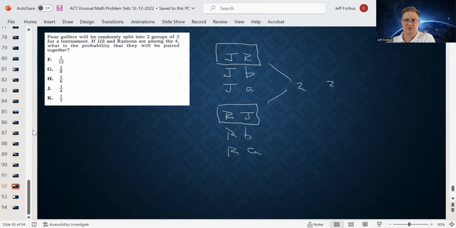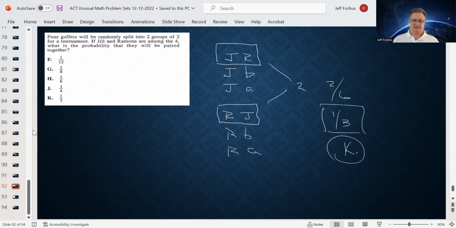So that's 2 out of 6. Or you can reduce that to give us 1/3. So there's a 1/3 chance that Jill and Ramona will be paired together. And that's just about thinking about this logically. Okay, so with that being said, that's answer choice K.